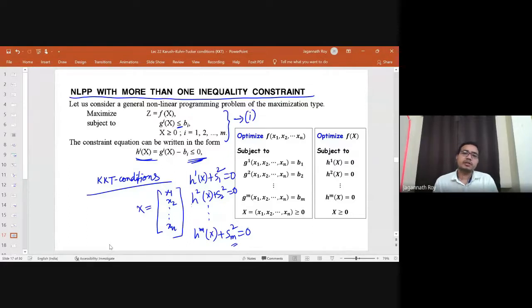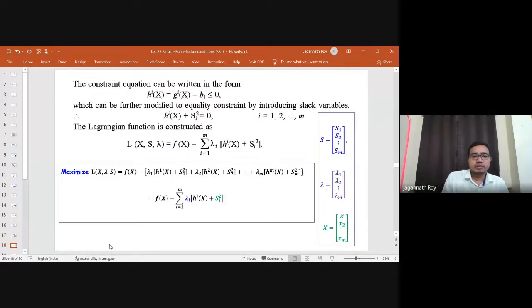Not only this many slack variables, we need some multipliers also. So m different multipliers. So we define this lambda 1, lambda 2, and lambda m, and m different slack variables. Okay, so we define this Lagrangian function of this form and try to find out these unknowns.